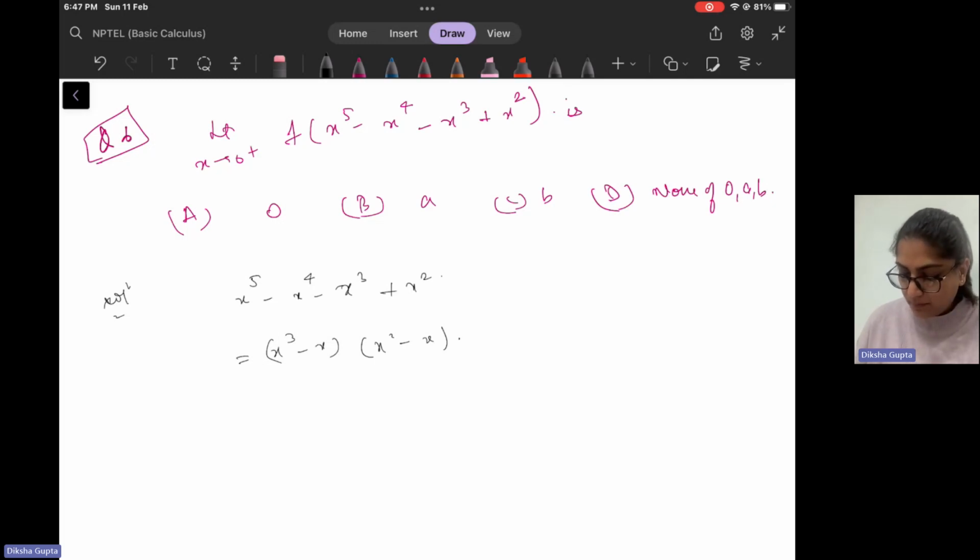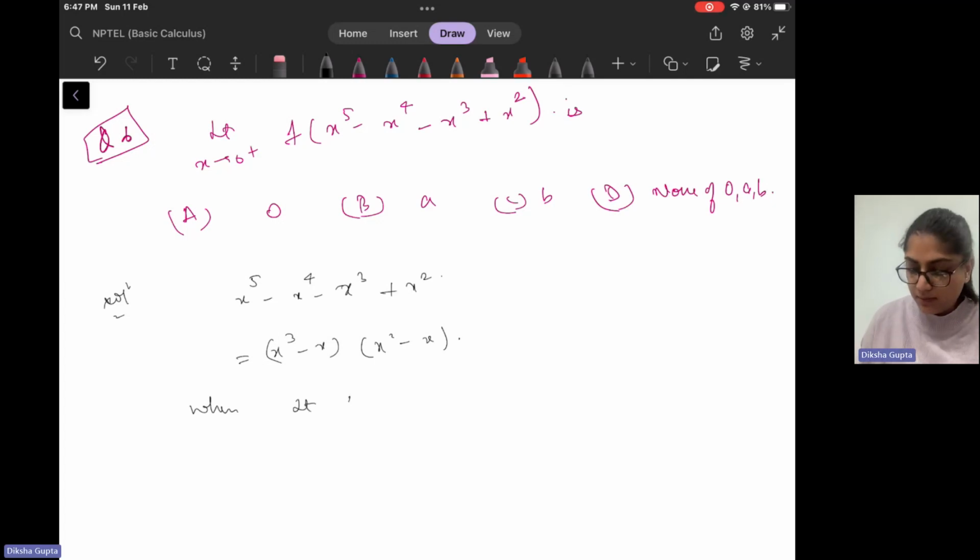Just take out x cube common from here, and you take out x square common from there, and then factorize.